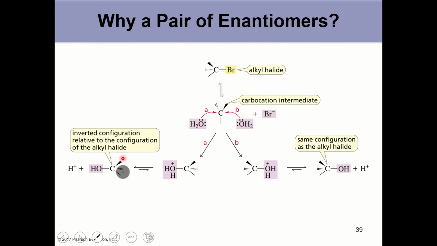Not knowing the priority of the wedge versus the hatched versus the solid line, we can't say whether that's R or S, but it's one of the two enantiomers. If it bonds at side B, we get the mirror image isomer, which gives us the enantiomeric pair. So these are our enantiomeric pairs.